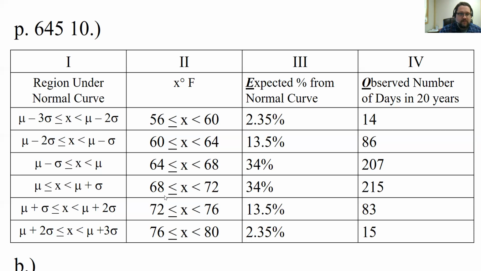And so since the mean was 68 and the standard deviation was 4, they just took the mean, subtracted 4 to get 64. They subtracted another 4 to get 60, subtracted another 4 to get 56. Likewise, to go up, they added 4 to get 72, added 4 to get 76, added 4 to get 80.